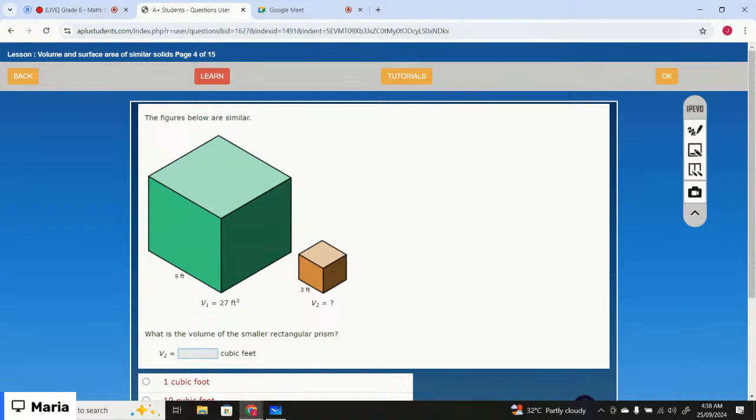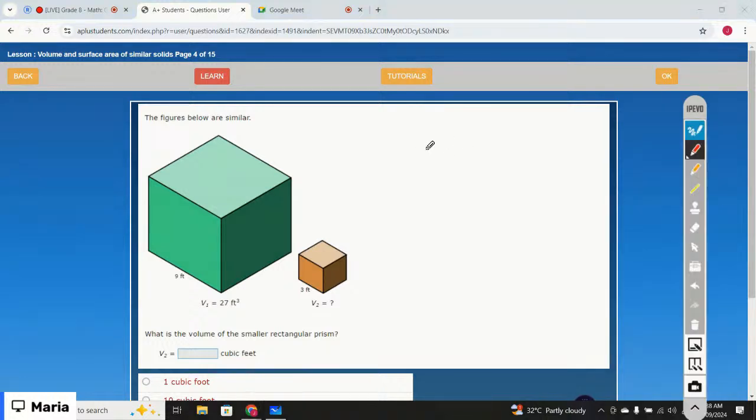The figures below are similar. What is the volume of the smaller rectangular prism? You need to calculate the volume, right?